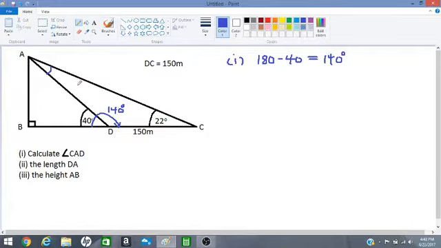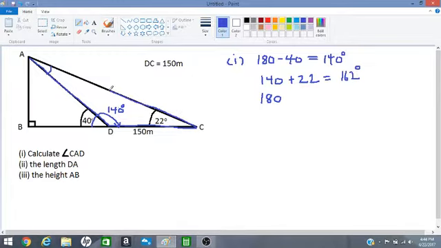And we know the sum of the interior angles of a triangle must be 180 degrees. So what we do is we add 140 to 22, and we get 162 degrees. Then we subtract it from 180. Remember, we are working with this triangle in blue here.